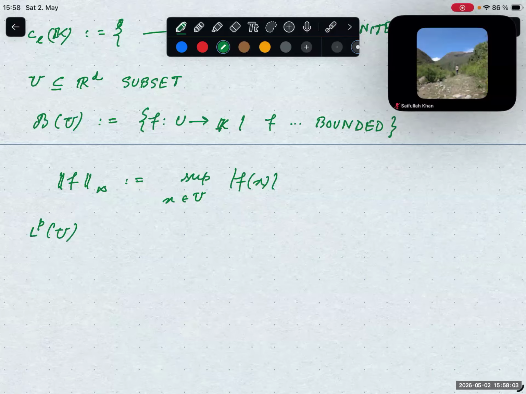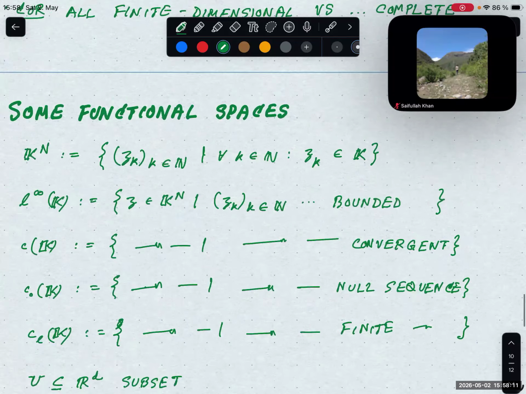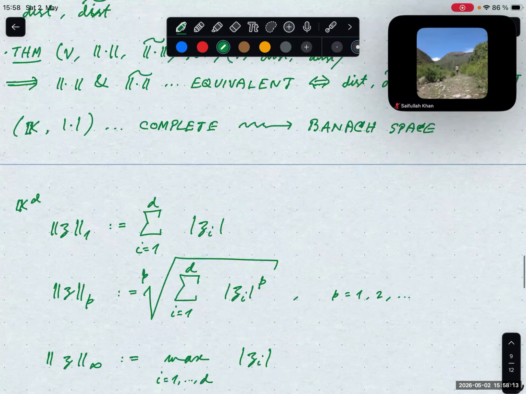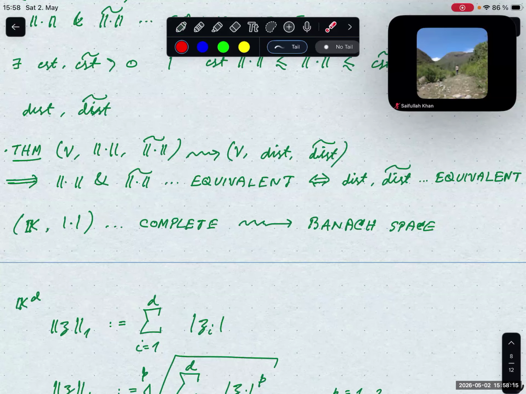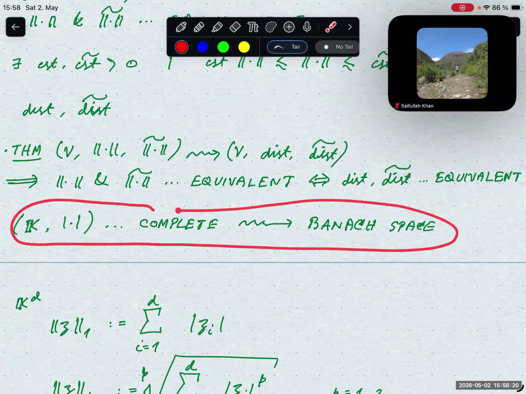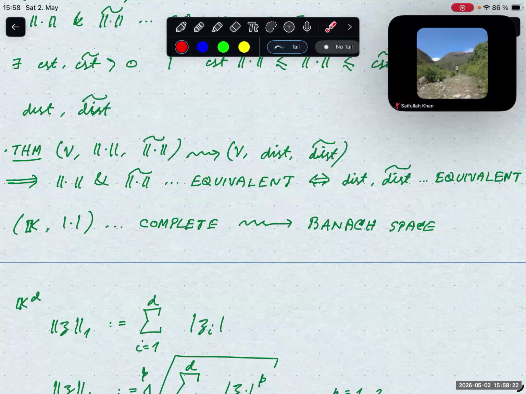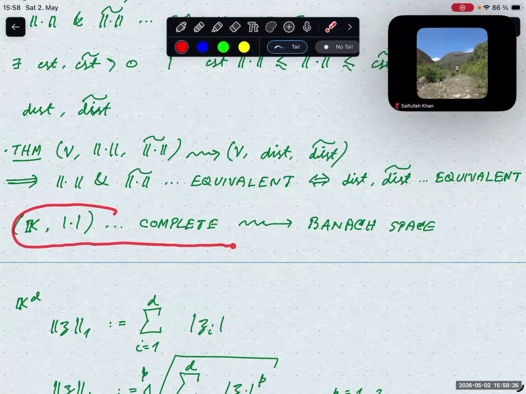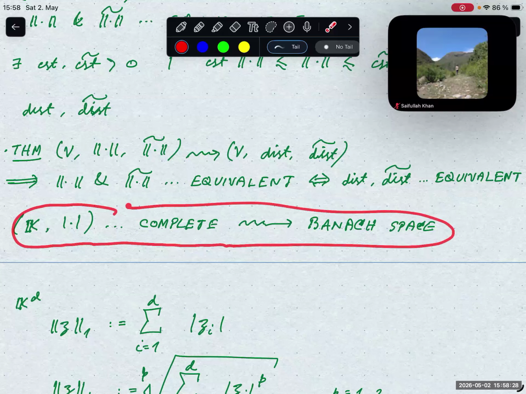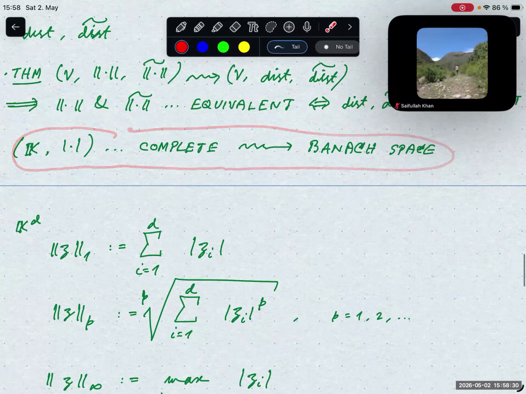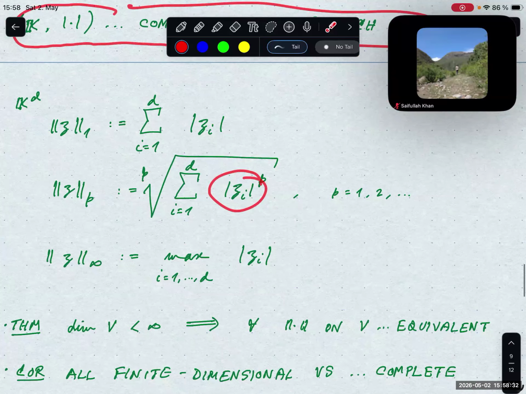Sorry, there is a question. I did not understand how the equivalence of norms is telling us. Oh, this tells us from the fact that, we know from real analysis that if we only consider C or R as a normed space, then this is a Banach space. Now you see all this norm is defined kind of component-wise.